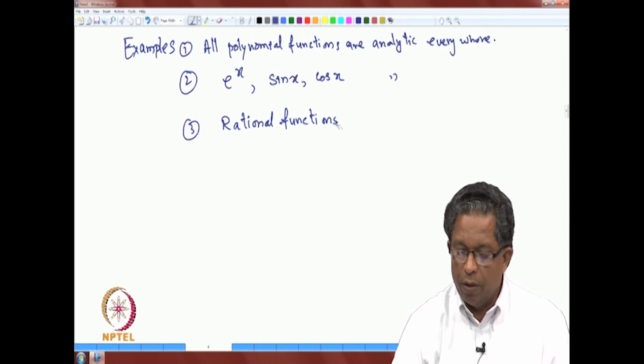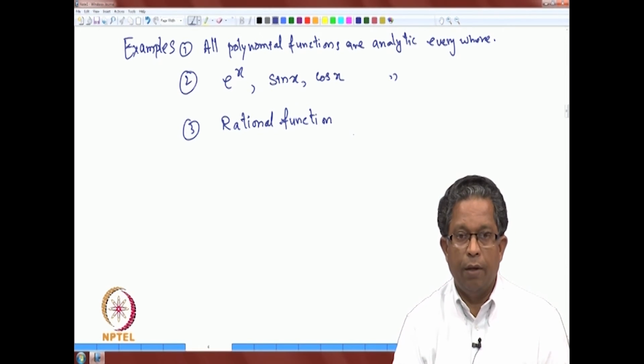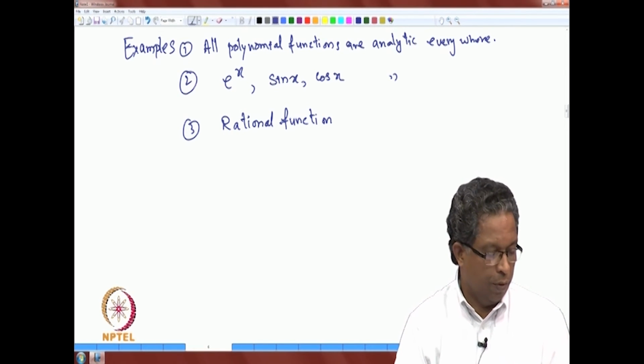So, rational functions are analytic at all points except the points at which the denominator is equal to 0.